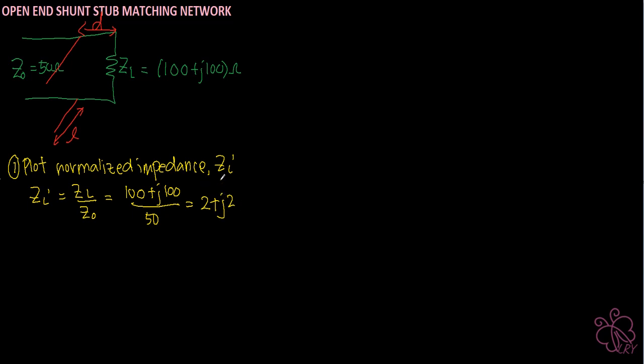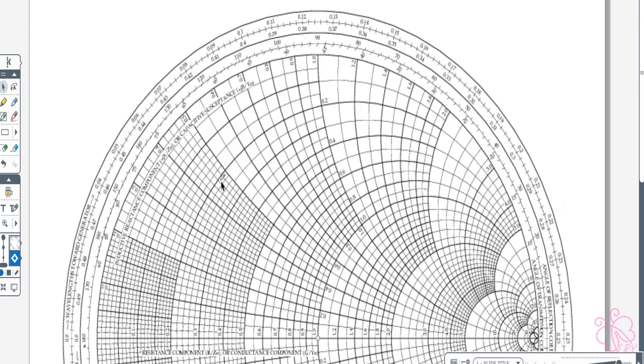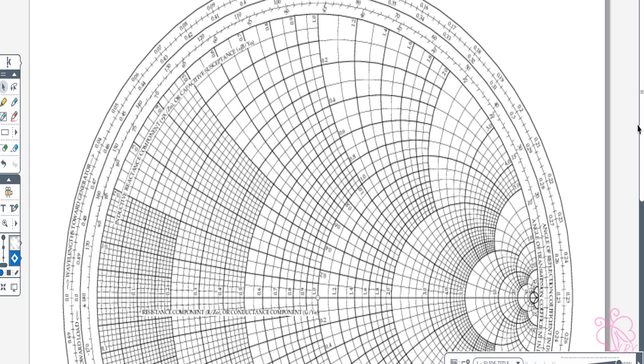We need to plot 2 plus j2 on our Smith chart. So this is our Smith chart, a bit blurry here. From our real part, this is 2, and for j2, look at our curve here. So 2 is around here. We plot 2 plus j2 here and label it as ZL prime.